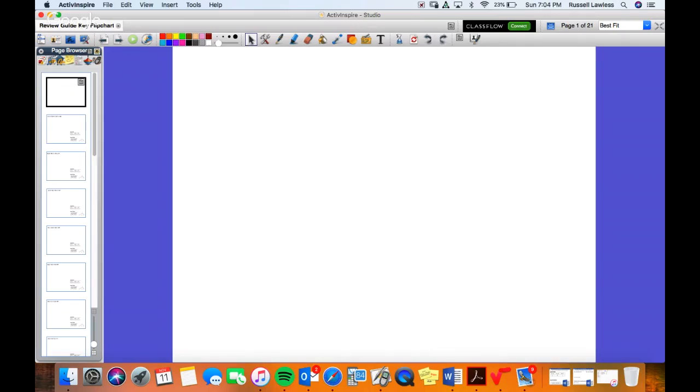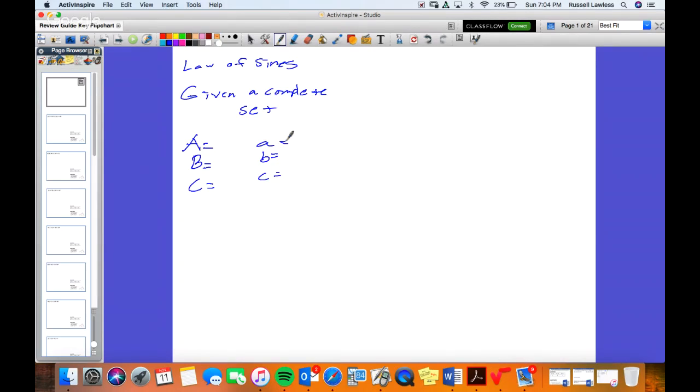So if I'm starting with the law of sines and law of cosines, with the law of sines, that means if you're ever given a complete set, and what I mean by a complete set is A, B, C, A, B, C. If you're given a complete set here, that means you're going to start with the law of sines first.